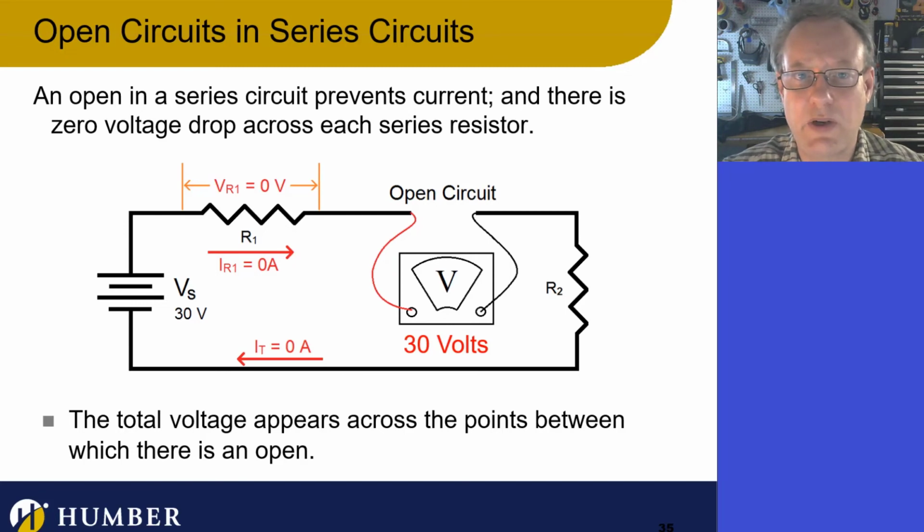In this case, what I want to say is a voltage drop exists because there's energy used pushing charge through a load. Okay, how much charge is being pushed through this load here, R1?